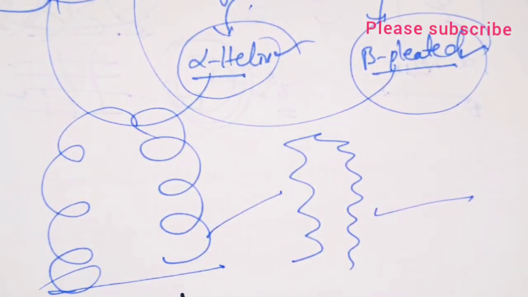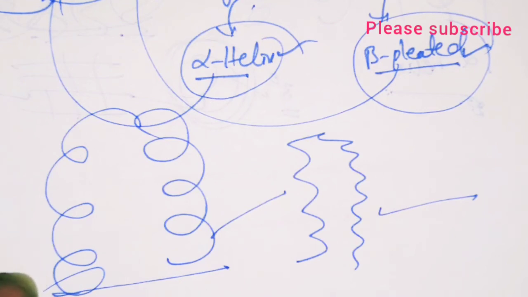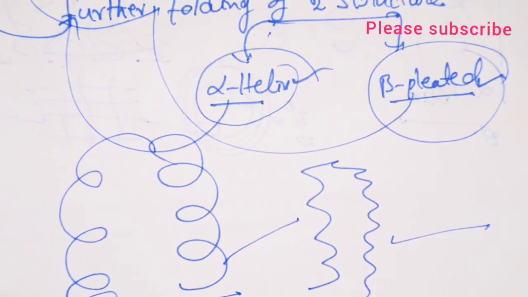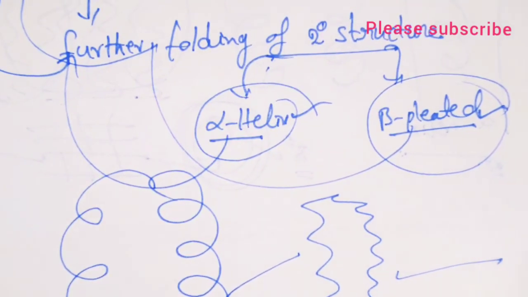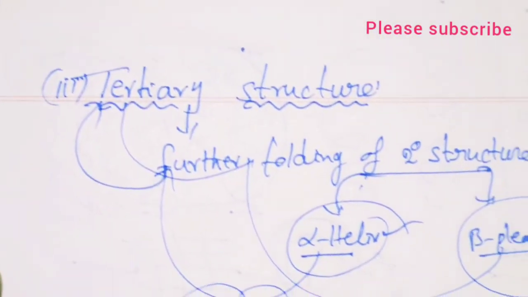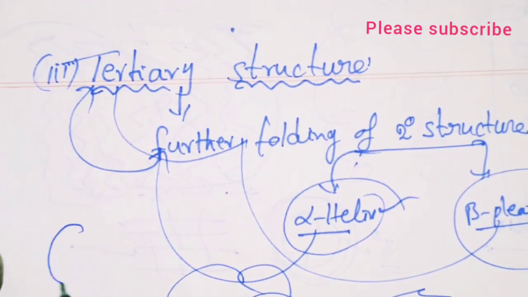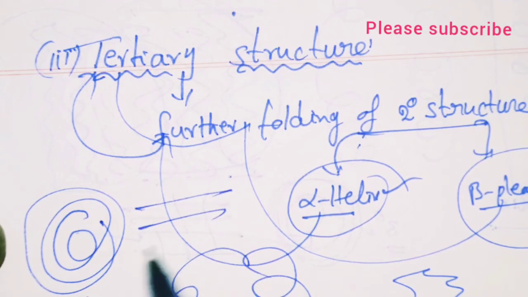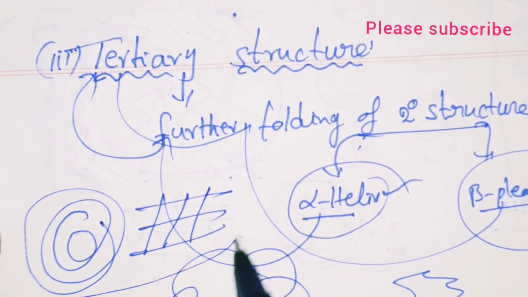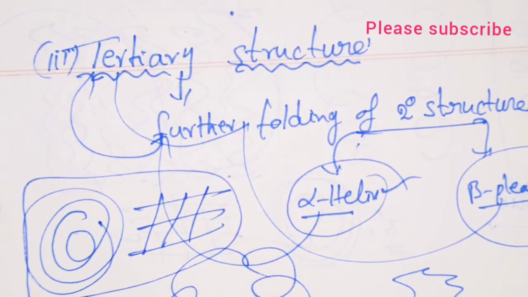Two types of structures. Already we studied the structure of proteins. Two types of proteins are there: one is fibrous proteins, another one is globular proteins. In tertiary structure they undergo further folding. Because of the further folding, you will get either globular proteins or fibrous proteins. Everyone should remember there are two types of proteins you will get.